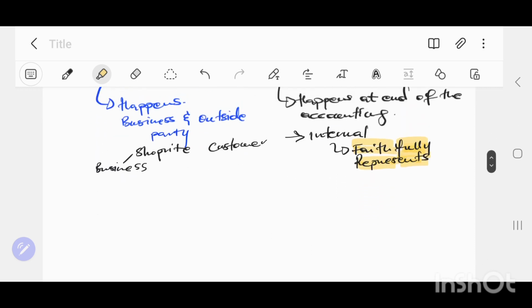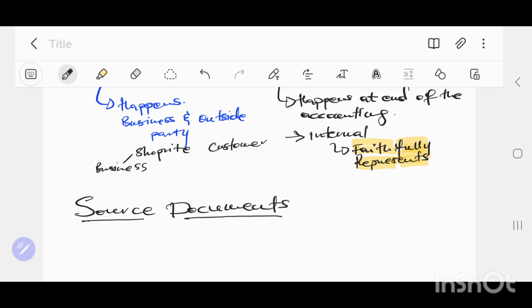And then the next one: in accounting, we use documents called source documents. Source documents serve as evidence that a particular transaction happened.